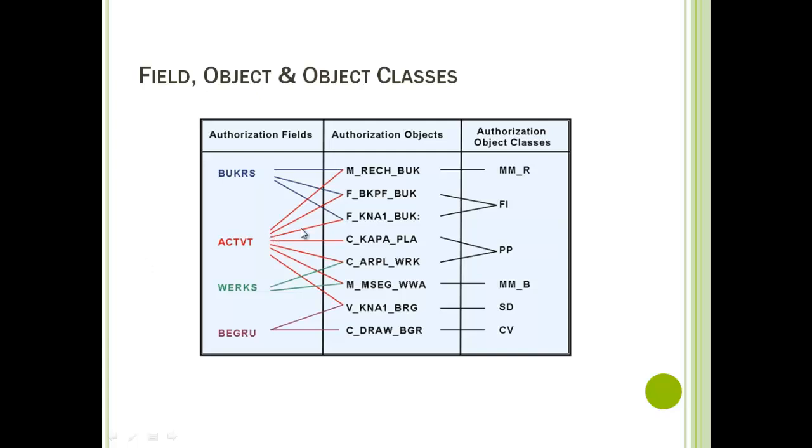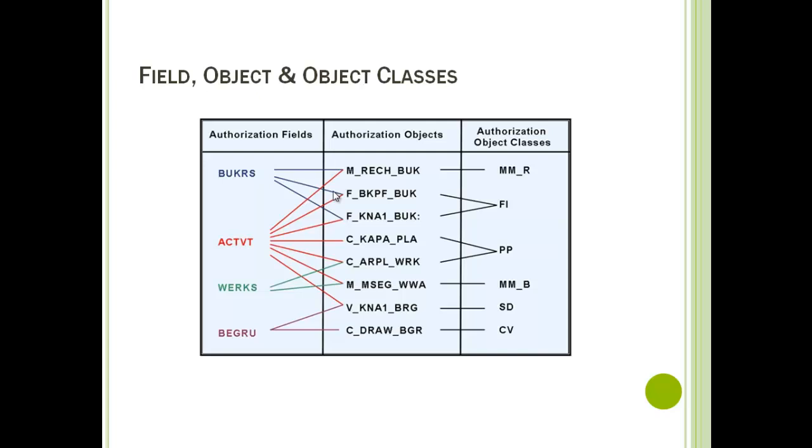The first one, I think, is an authorization object related to blocked invoices for a specific company, the second one is related to editing documents for the specific company, and the third one is related to maintaining account receivable. So these authorization objects have company code. BUKRS means the authorization field for company code, and ACTVT means activity.